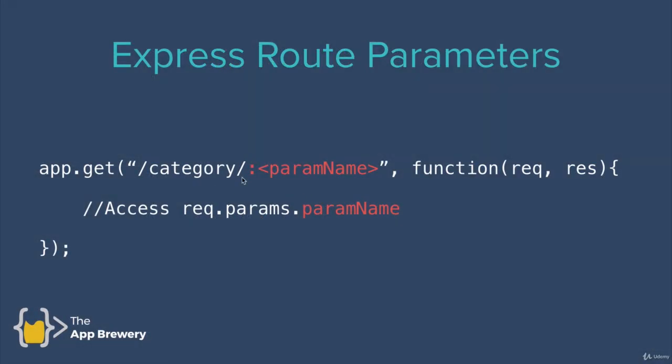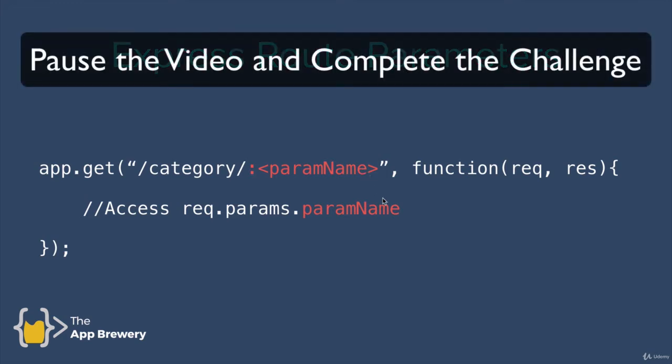Again, as a reminder, this is what Express route parameters look like. We have a colon, and then we have a parameter name, and then inside the callback, we get to access request.params.that parameter name. And this will equal the value that the user has typed in here. Pause the video and try to complete this challenge.